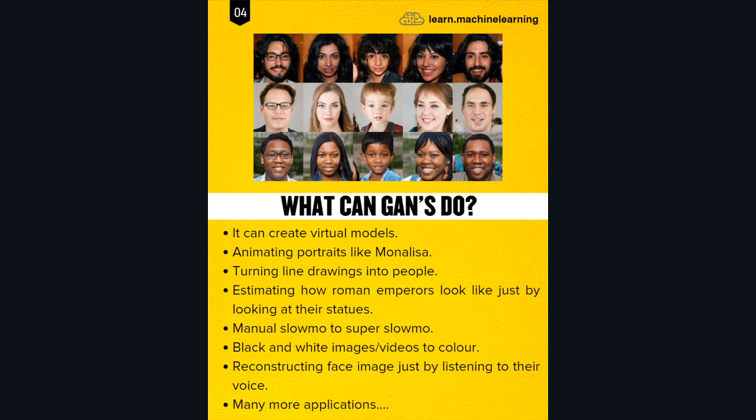And the other application is converting black and white images or videos to color, which I recently explained on my Instagram page, so you can go and check that post. And the other application is reconstructing a face image just by listening to the voice. So this is also one of the cool applications of GANs, and we have many more.